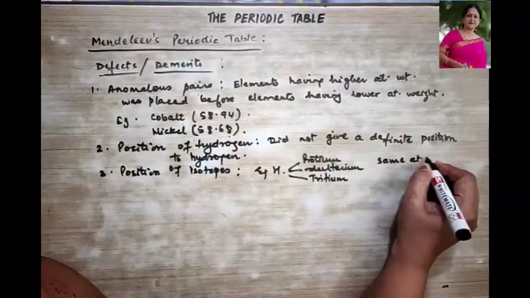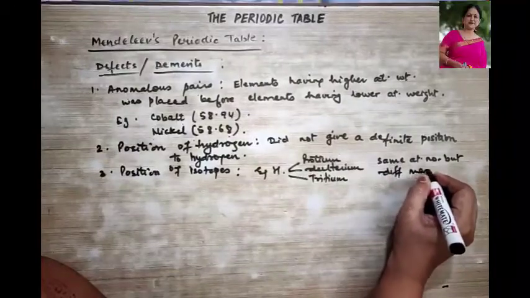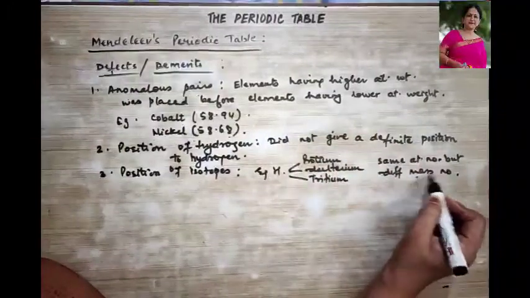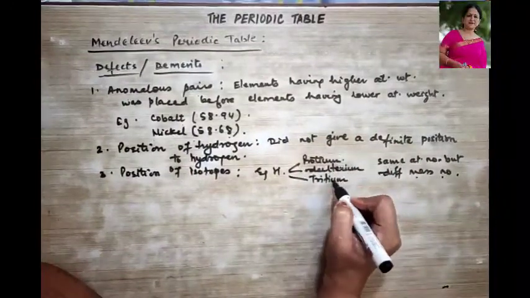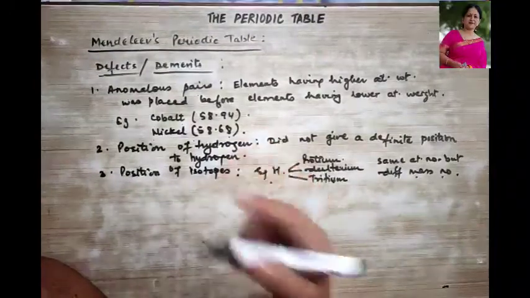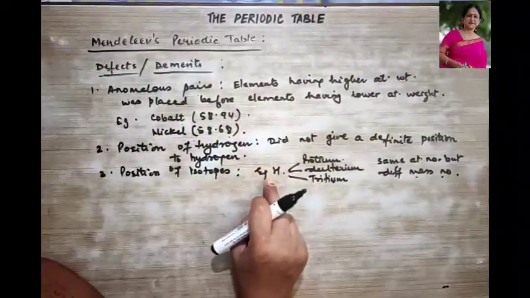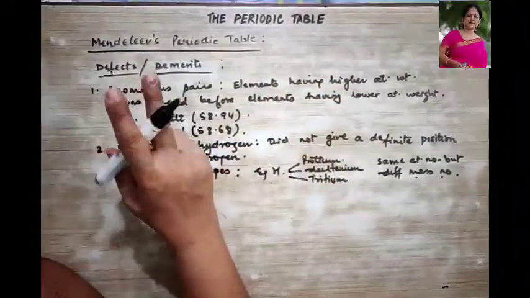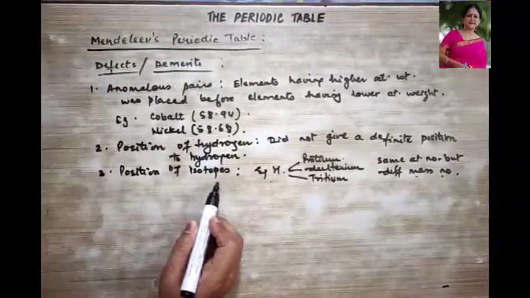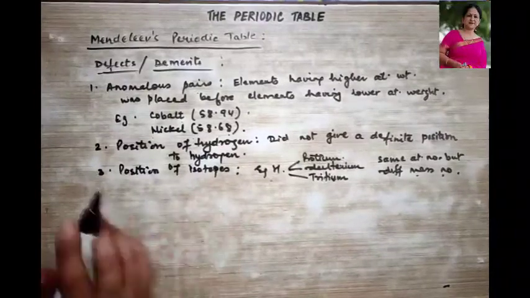Same atomic number but different mass number. So Mendeleev was arranging the elements according to mass number. That means all these three isotopes of hydrogen should have been given a place in the periodic table, which he had not done. He gave just one position to hydrogen. Similarly, chlorine has two isotopes. Two places should have been given, but he had given only one place. So the position of isotopes was also not clarified in his time.